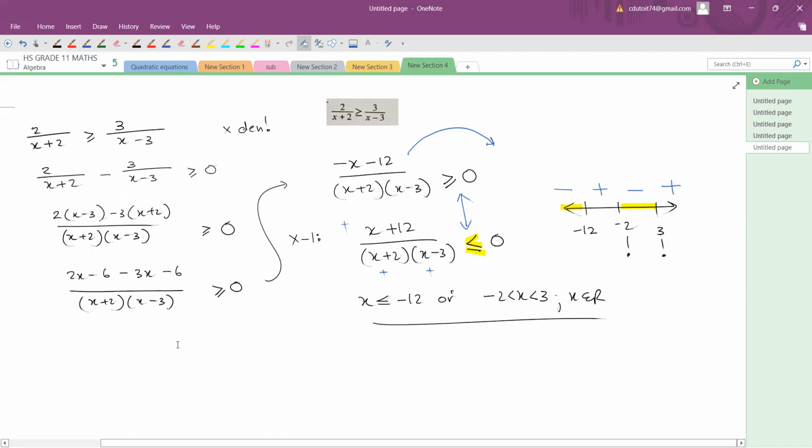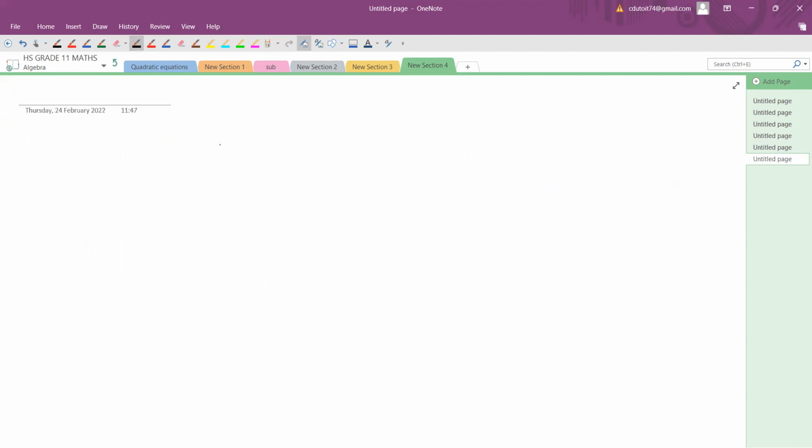Okay, so now I'm going to show you one more thing that's kind of important. So for instance, I've got something like this: x minus 1 squared, bracket, x plus 3 is larger or equal than 0. Now you must be very careful.